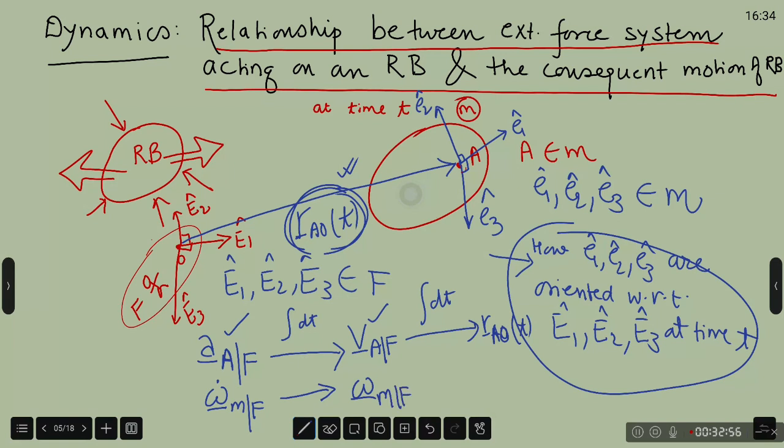And then from angular velocity I can go to orientation of small e1, small e2 and small e3. Again there will be time integration involved.